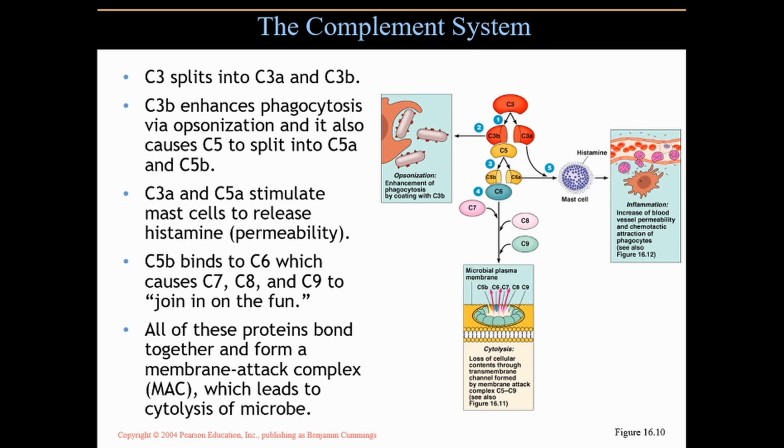Well, C3a and C5a join forces together, and the two of them will be attached to a mast cell, which will then release the protein histamine. And histamine leads to permeability, so that leads to the ability of neutrophils to leave the circulation and come to the area of infection, which causes a whole inflammatory response.